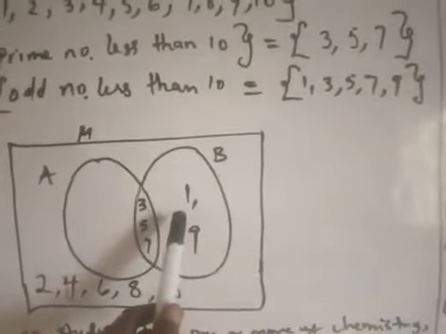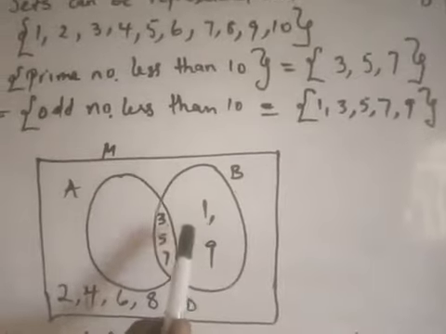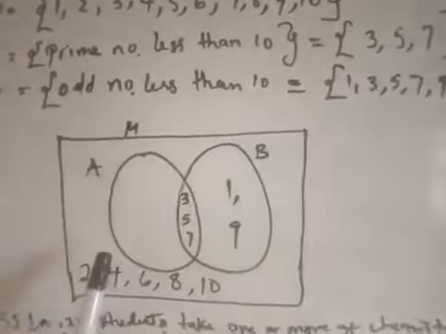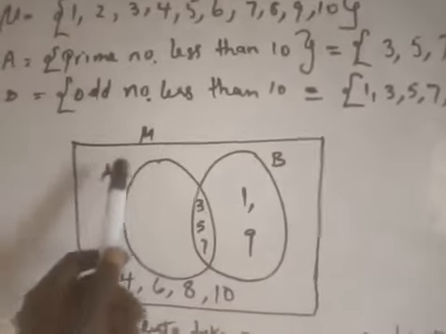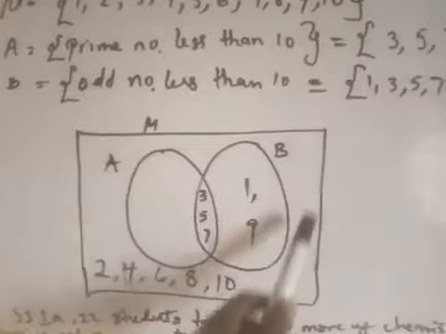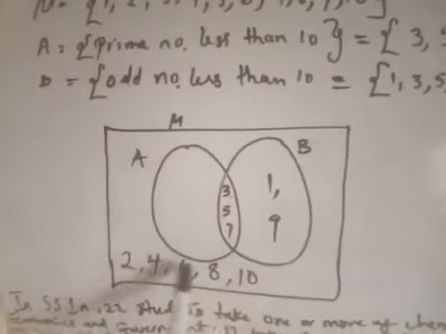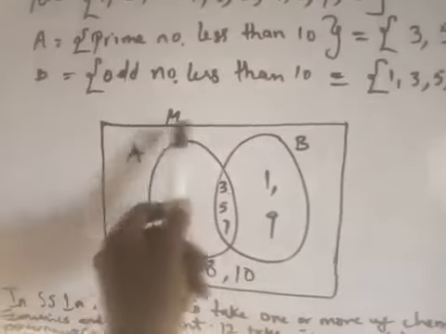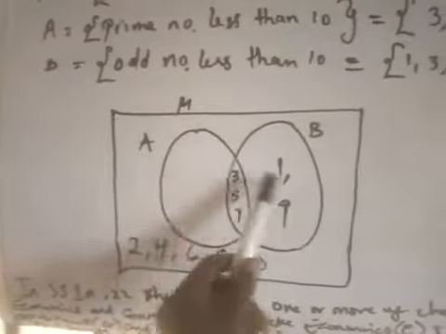The rest, which will be outside of the two subsets but inside the universal set, are 2, 4, 6, 8. Those are the remainder which you cannot find in the two subsets.